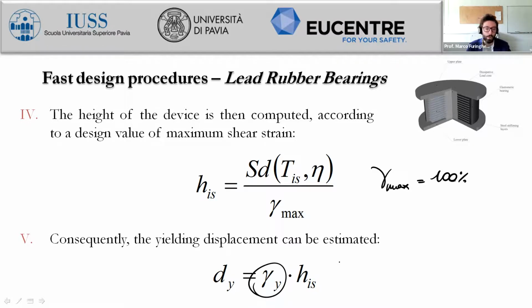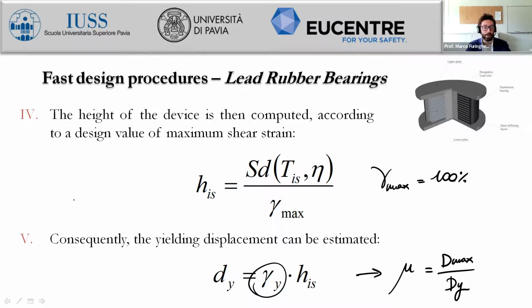So we know that the mode value is directly associated to 2.5% of lateral yielding shear strain, and so automatically we have the yielding displacement. This means that we can compute the displacement ductility because we have the maximum displacement, which is the spectral coordinate of the displacement spectrum, and now we have just computed the yielding displacement.